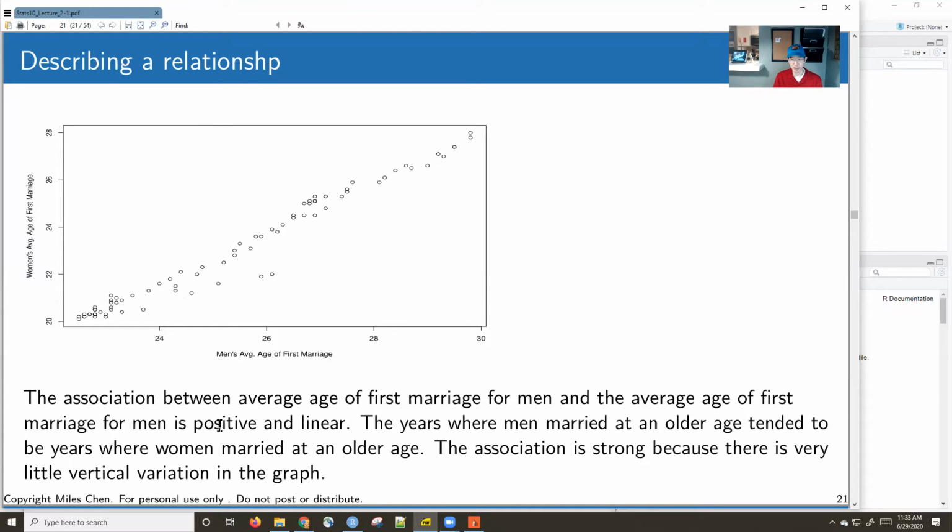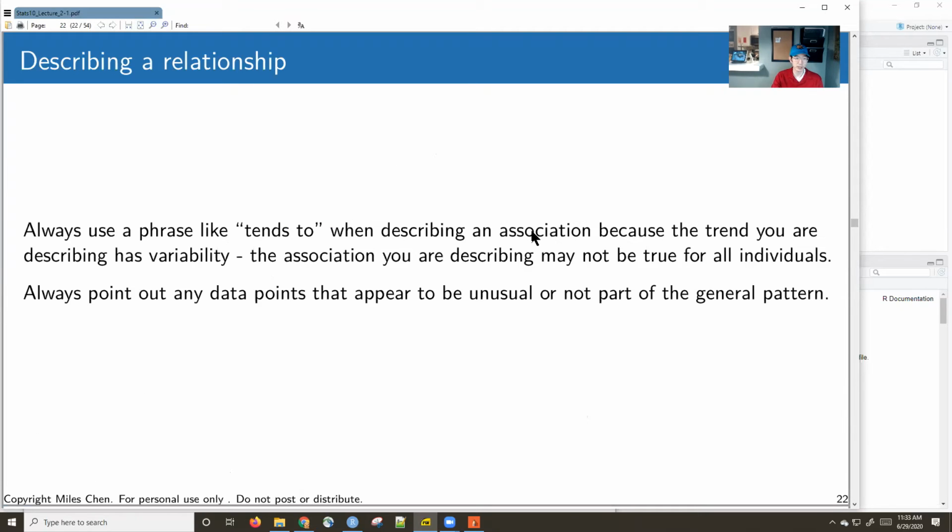Years where the men married at an older age tended to be years where women married at an older age. The association is strong because there's very little vertical variation in the graph, right? So this almost fits like a perfect straight line, with the exception of these couple of years here. Very little scatter, so we would say very strong relationship, okay?